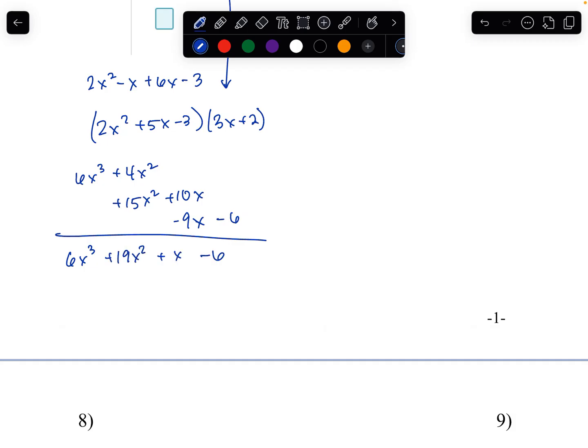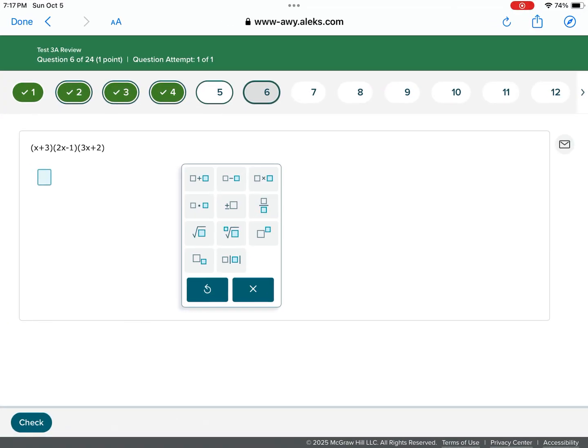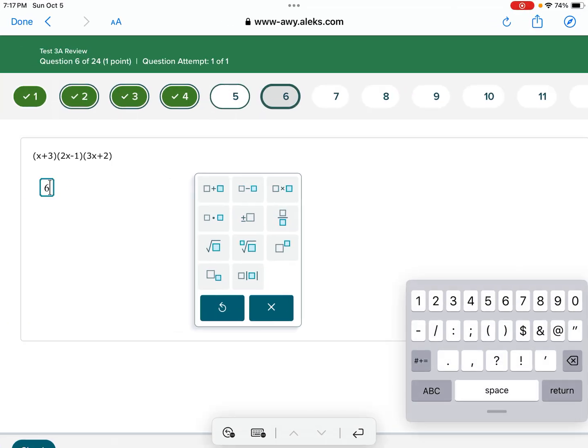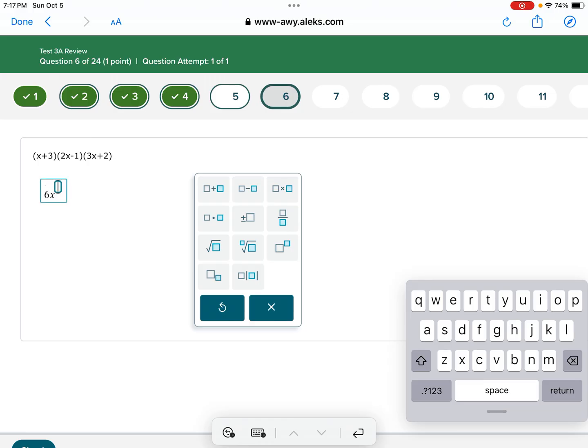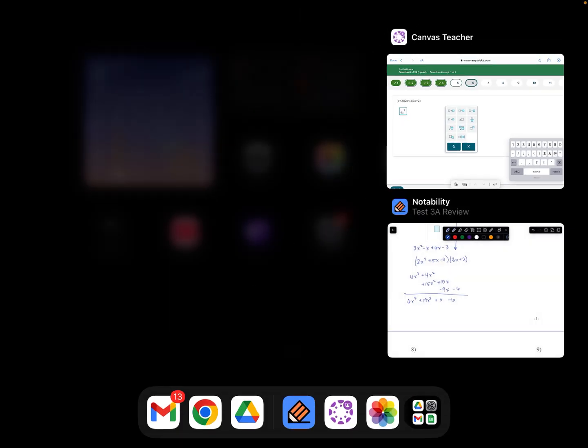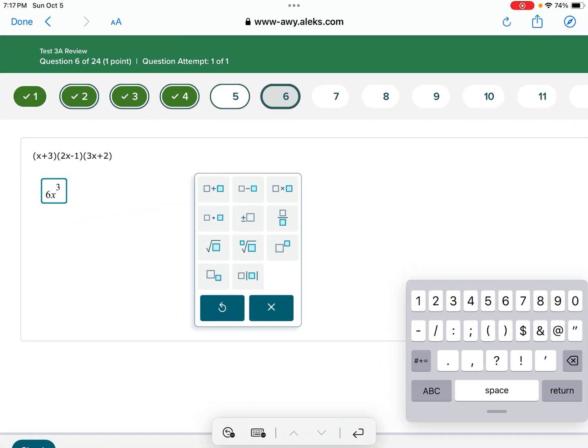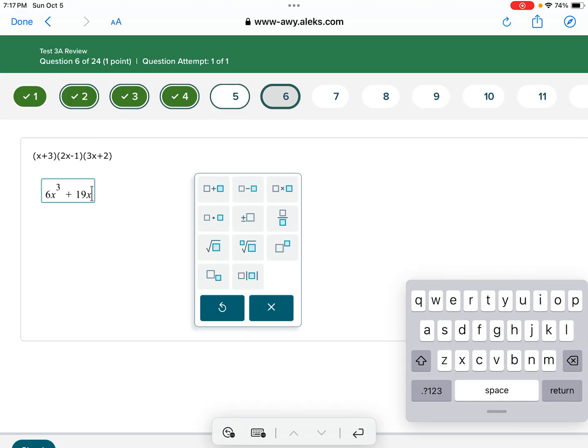So let's see how this goes. So 6x raised to the third. And then we have plus 19x squared. So plus 19x to the power 2.